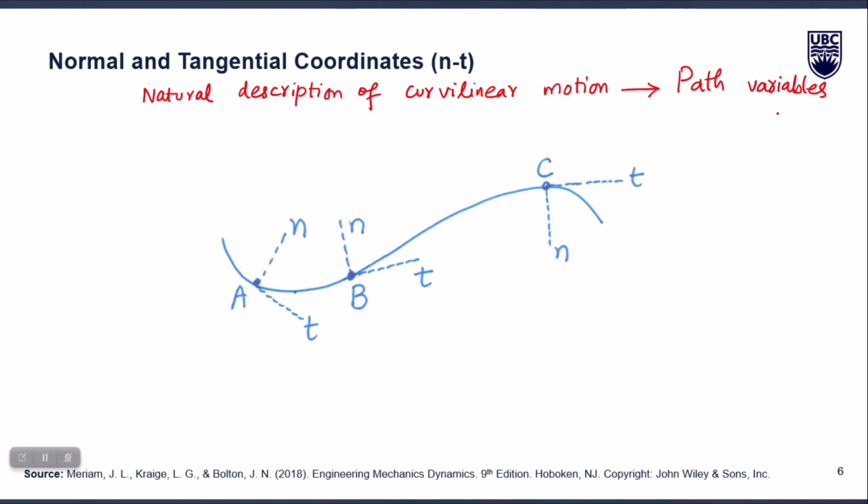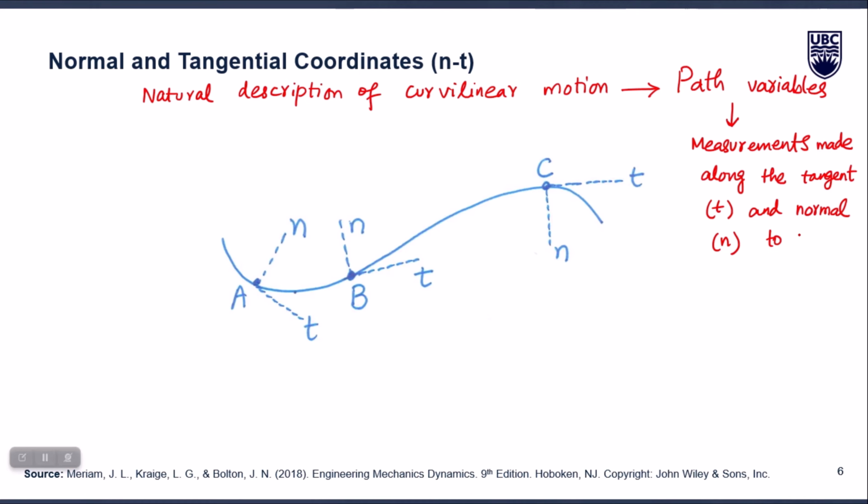And path variables means that we will be describing the motion using measurements along the tangent and normal to the path of the particle, right? So path variable means measurements made along the tangent, which will be represented by t, the tangent direction, and the normal, which we will denote with small n, to the path of that curvilinear motion.